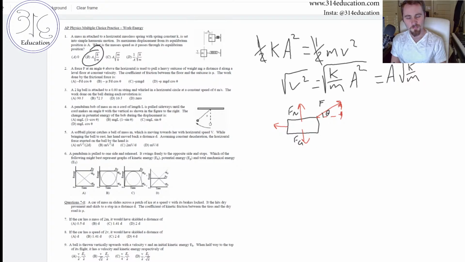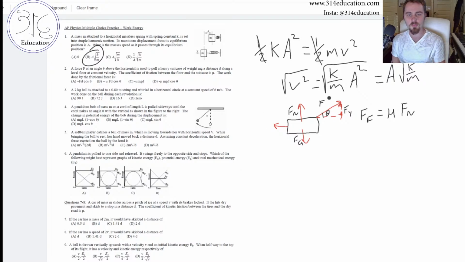Normally we would calculate the friction force by finding mu times our normal force. But in order to do that, we'd have to find the normal force, which would take this vertical piece into account. This y component is reducing our normal force, and we don't have a good metric on that.